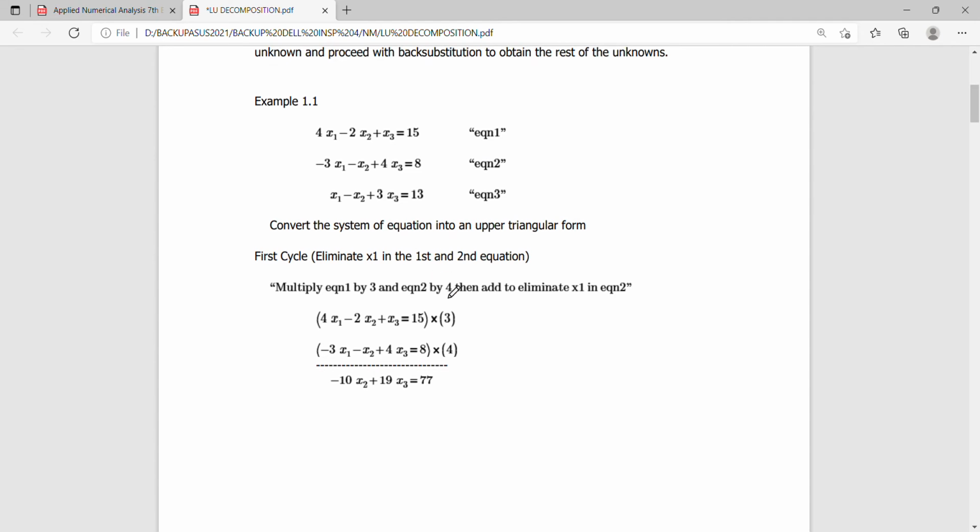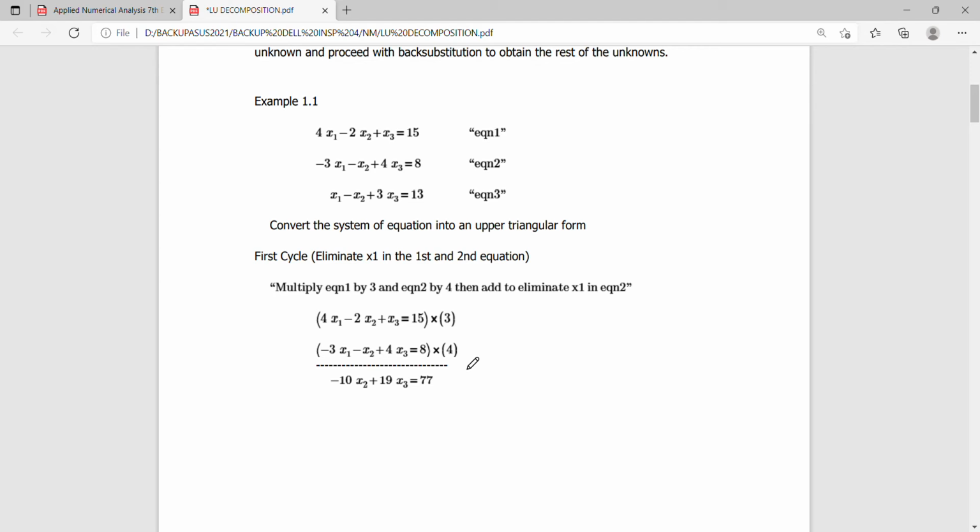So these are now the multipliers that I placed. Of course, we have to operate on the whole equation such that the left hand side and the right hand side will both be multiplied by 3, and so with this equation 2.